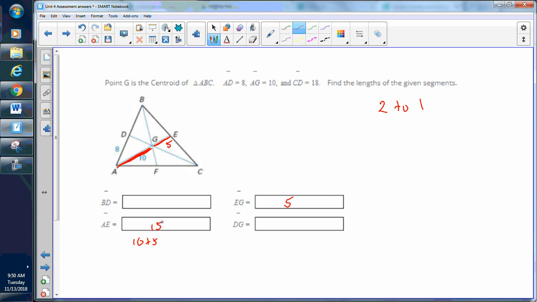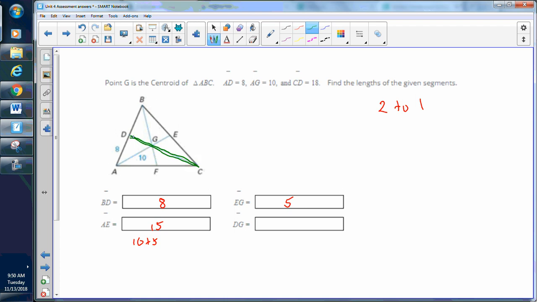Next, BD. Well, these are medians. This is a midpoint, so these 2 sides are both the same, so BD would have to be 8. And we're told that CD is 18. So the total distance is 18. This total piece is 18 in green.